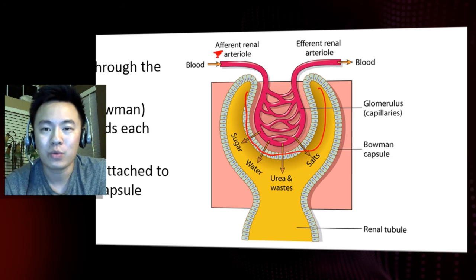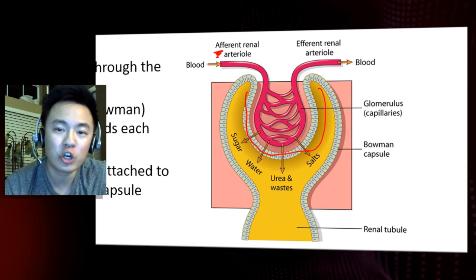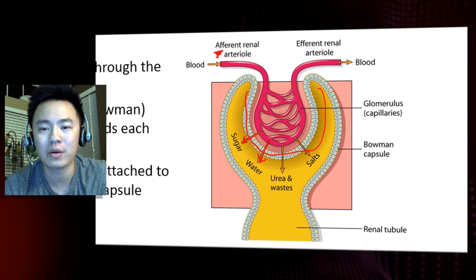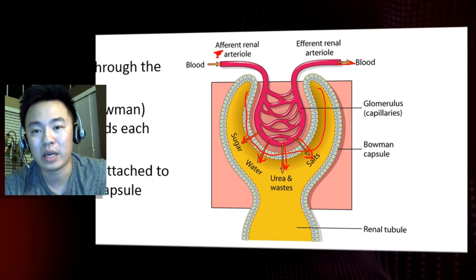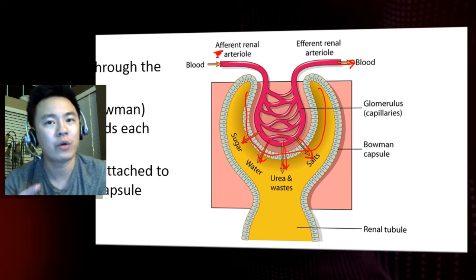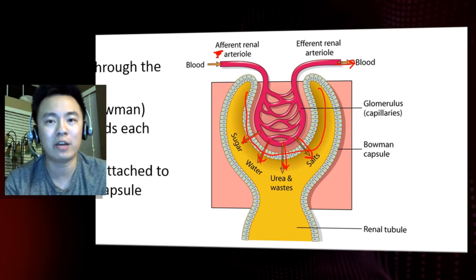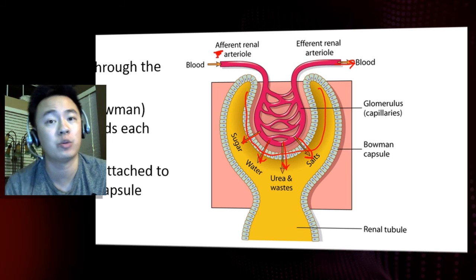Here, different sugars are being extracted out, water, urea and waste, and salts, and then finally clean blood exits through the efferent renal arteriole. However, it's not finally processed. We'll find out later that the blood receives back a lot of the water and sugars and different things that your body needs.